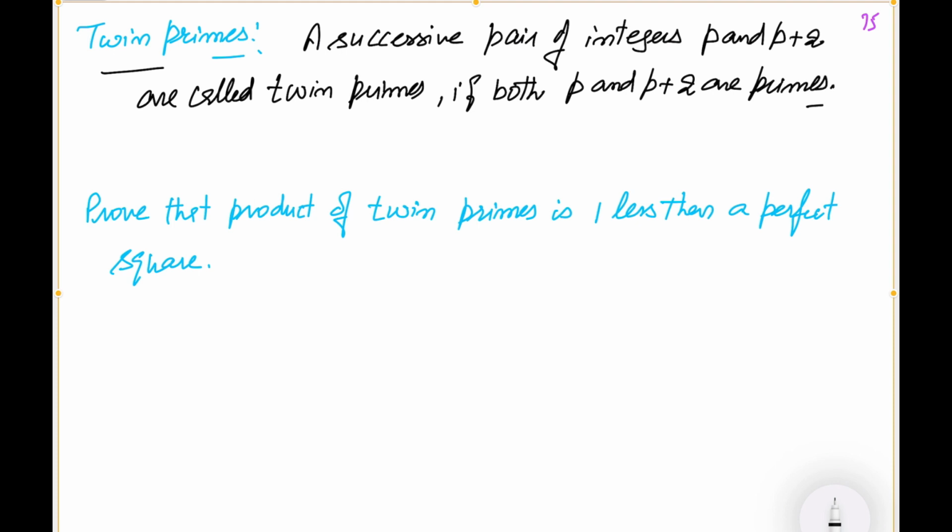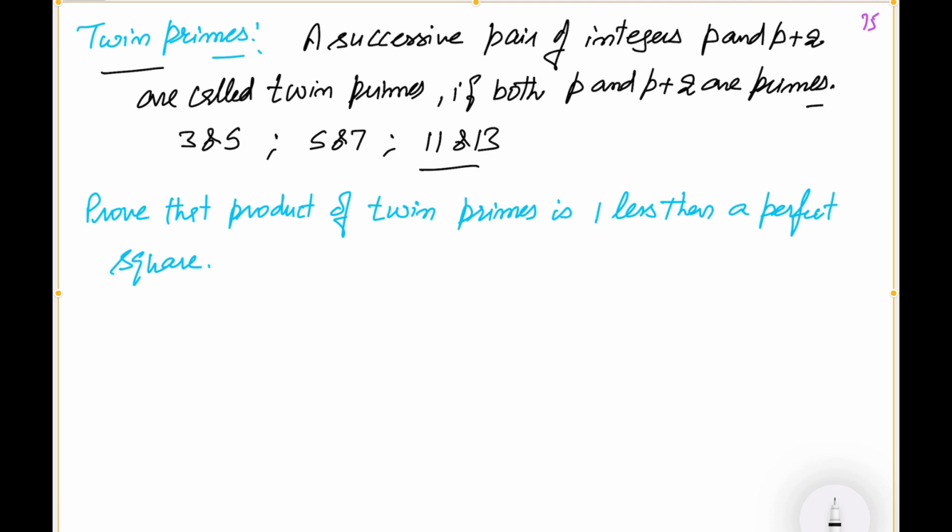So we have many examples like 3 and 5, 5 and 7, 11 and 13. All these are pairs of twin primes.